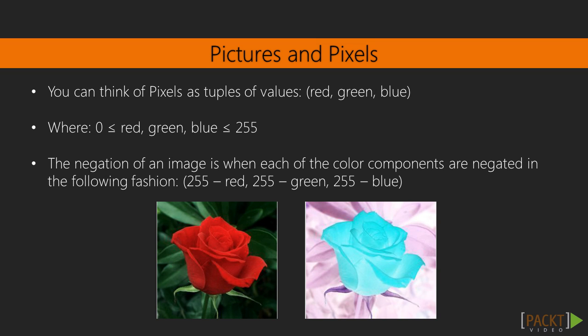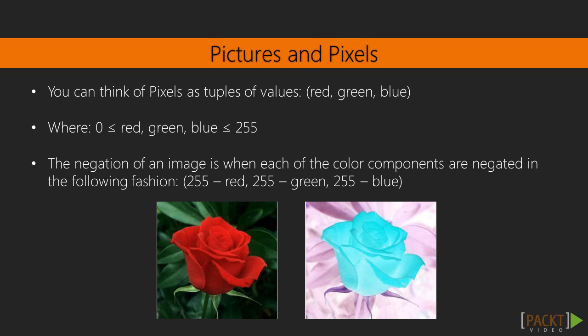But we have to understand what this effect is. But first we need to understand how pixels are constructed. So each pixel has a red, a green, and a blue channel. And each of these channels represents a value between 0 and 255 inclusive.